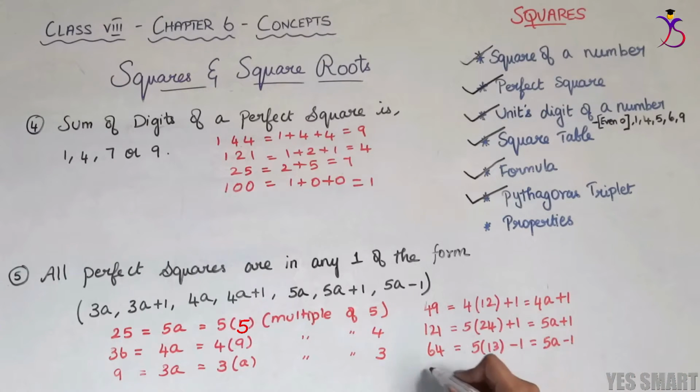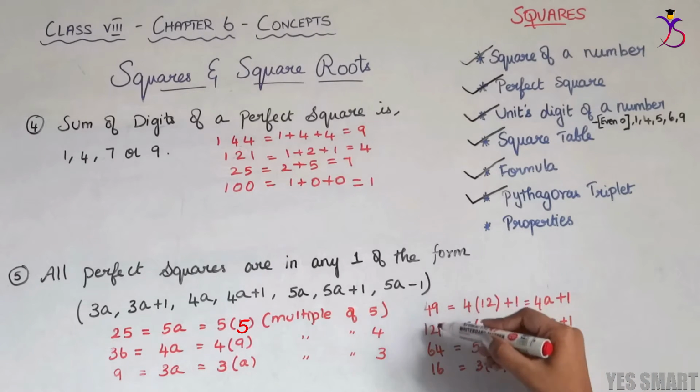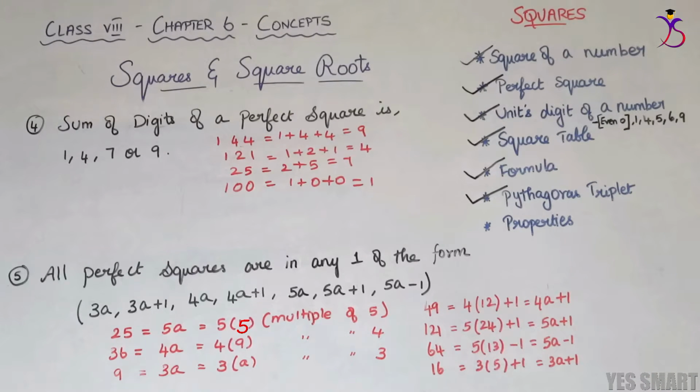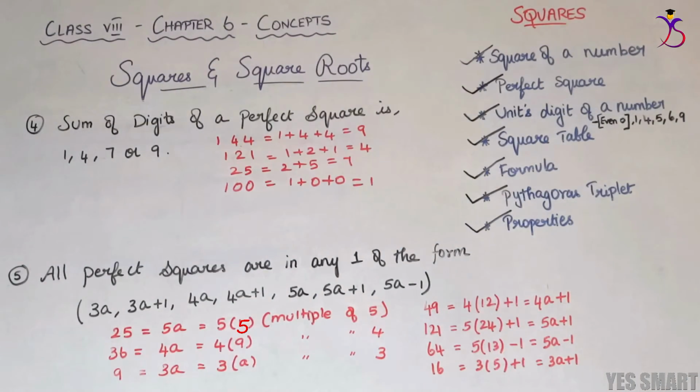We will take one last example, 16, which is equal to 3 into 5, 15, plus 1. So it is in the form 3a plus 1. From this we can conclude that any perfect square number will be in this form. You can try and check with the other perfect squares also. So with this we are completing the concepts of squares part.